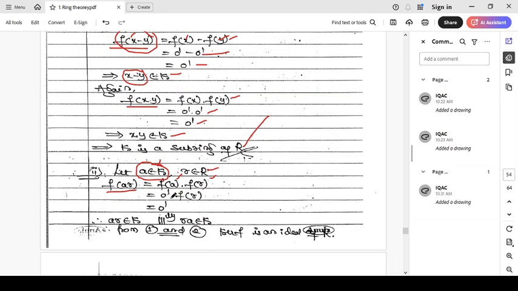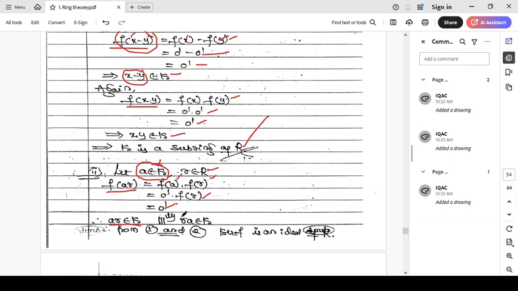So 0 dash, but r belongs to R, so I have written f of r as it is. 0 dash is the zero element, and 0 into anything is 0, therefore we'll get 0 dash only. So f of ar is equal to 0 dash we got. Obviously I can say that ar belongs to K.